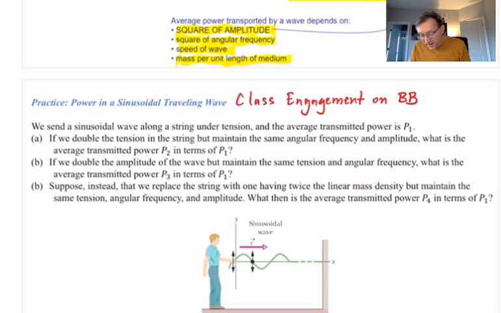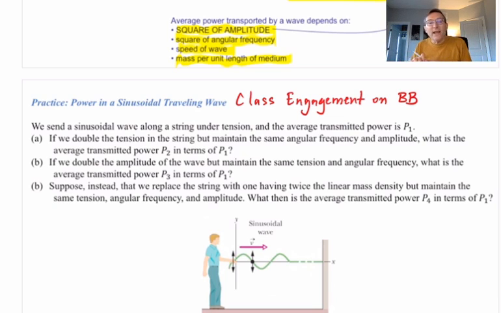We send a sinusoidal wave along a string under tension, and the average transmitted power is P1. So think of the picture that you see down there. We've got a piece of string, a uniform piece of string, which, if just held taut and not disturbed at all, would lie on the x-axis.